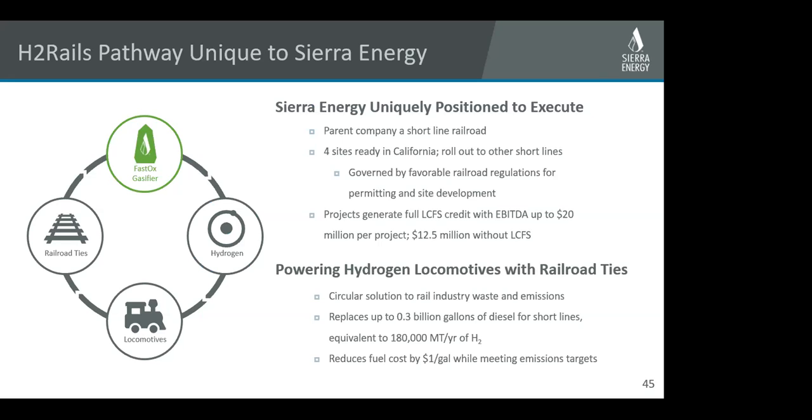We're taking the position that we want to fully recycle all waste, including our own railroad ties from our various railroads. We've got a fair number of railroads in Northern California. We want to take the ties, run them through our gasifier, create hydrogen, and then fuel our own locomotives with that hydrogen, so we'll have zero emission locomotives. It's an exciting project we're working on right now.